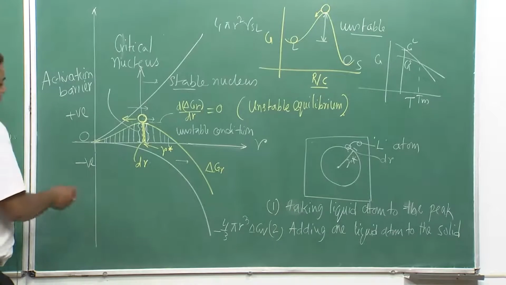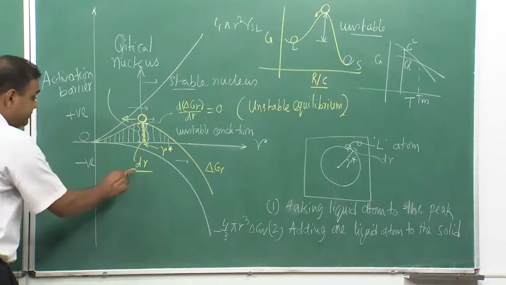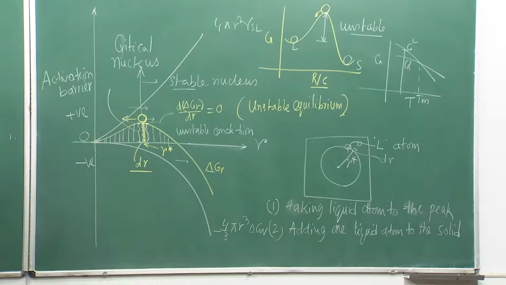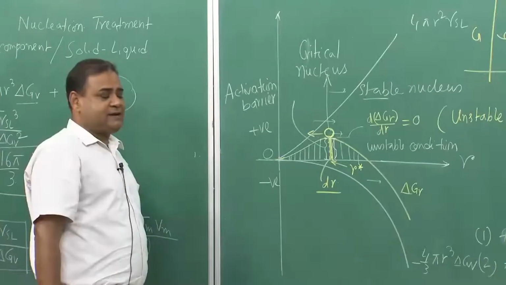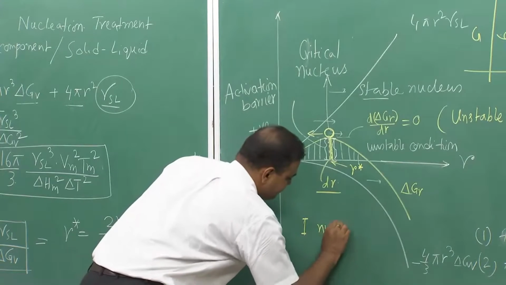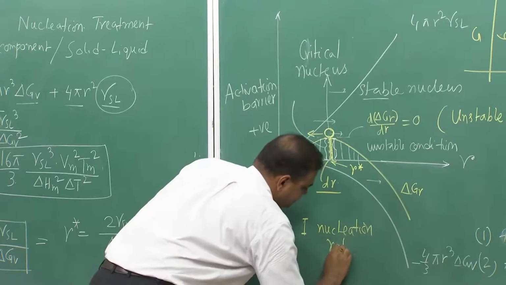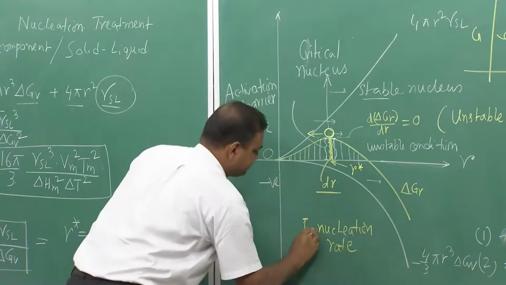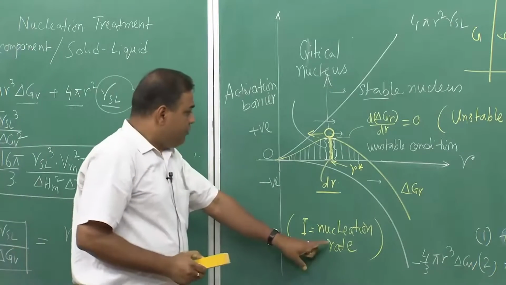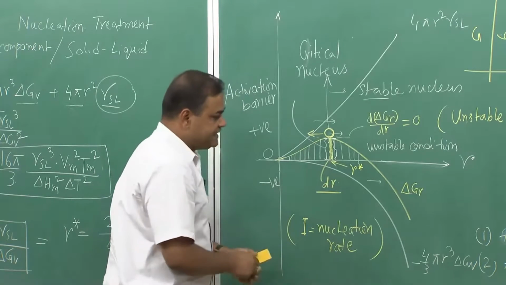Okay. So, how many of those critical nucleus can increase its size by del R? That number, if we calculate, becomes my nucleation rate. Okay. Now, if we try to see this particular nucleation rate, it has two events.